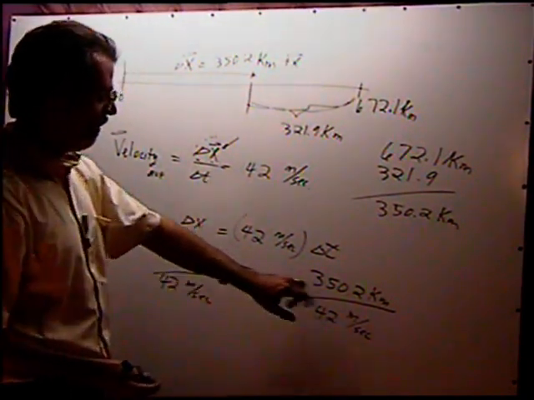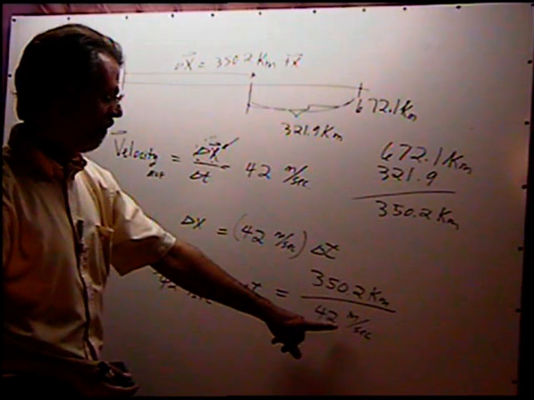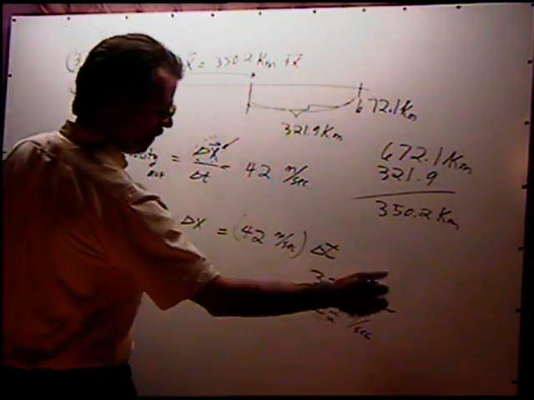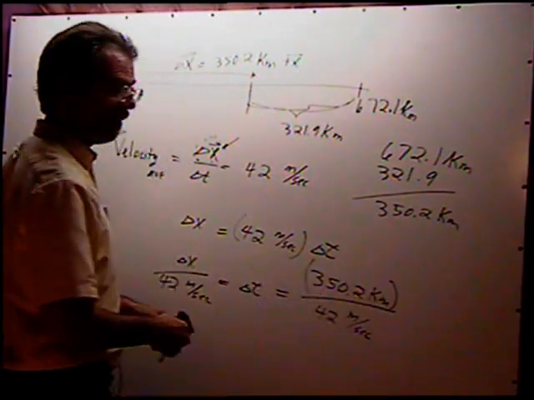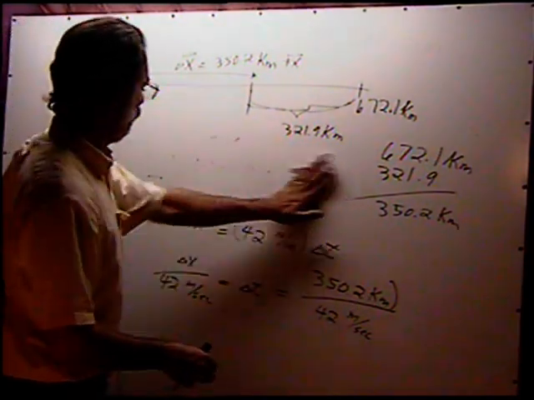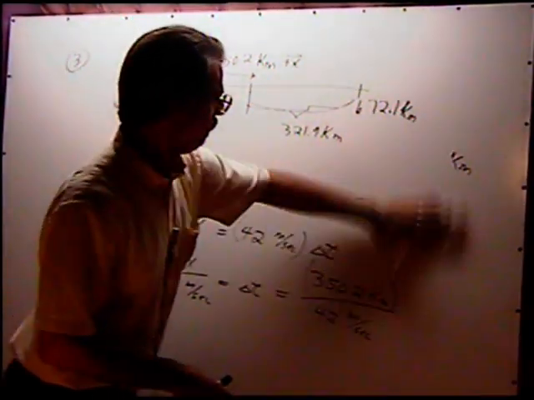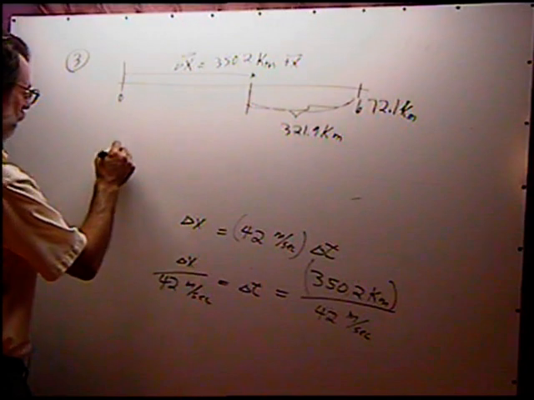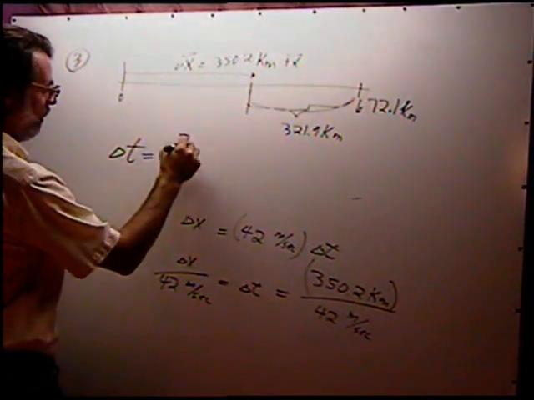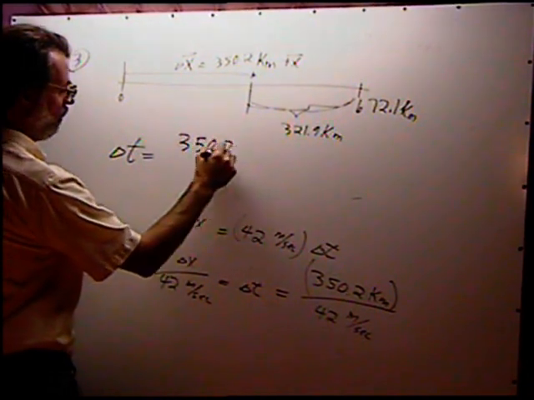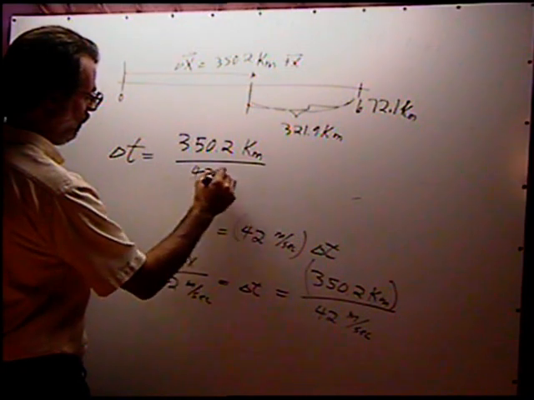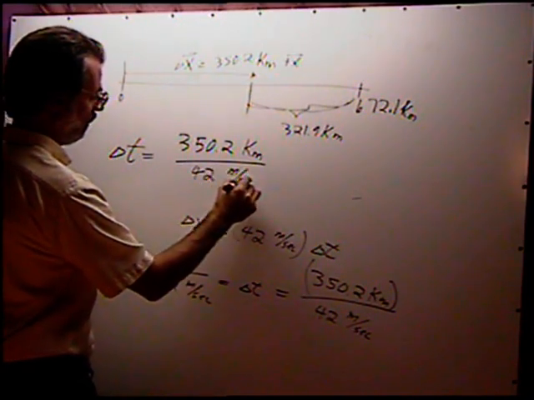The numerator here is in kilometers, the denominator is in meters. So let's convert from kilometers to meters here. Let's see, can you all see this? I'm going to shift this up here. Delta t is 350.2 kilometers divided by 42 meters per second.